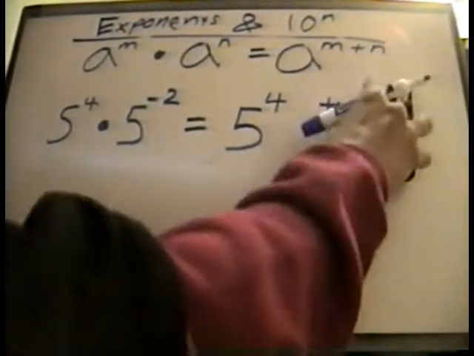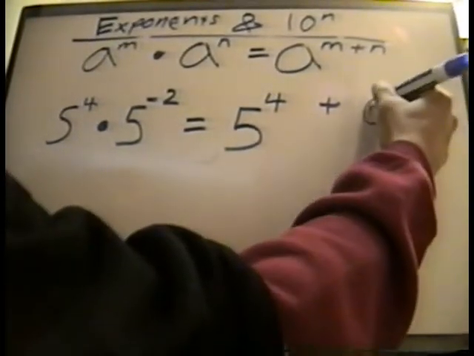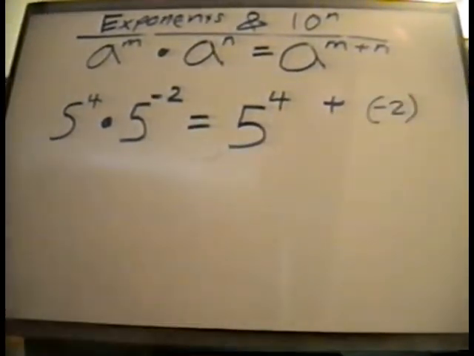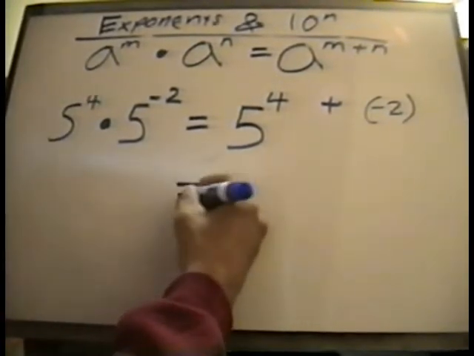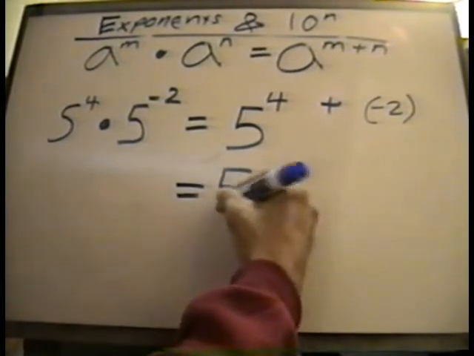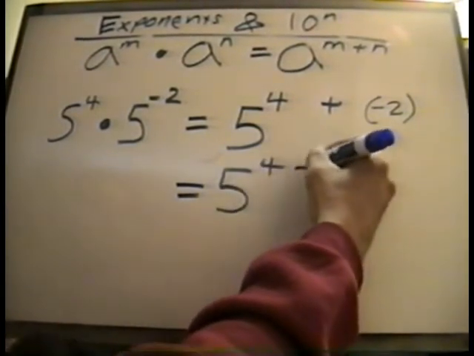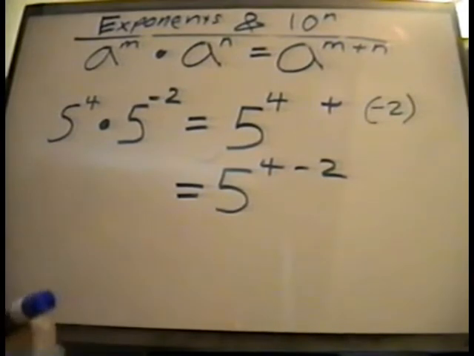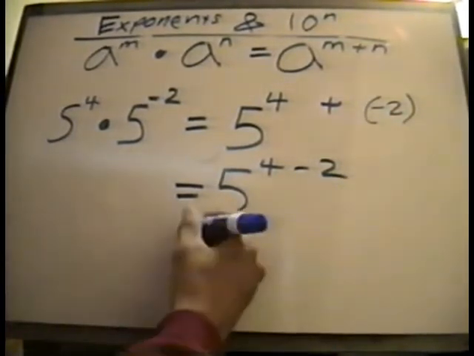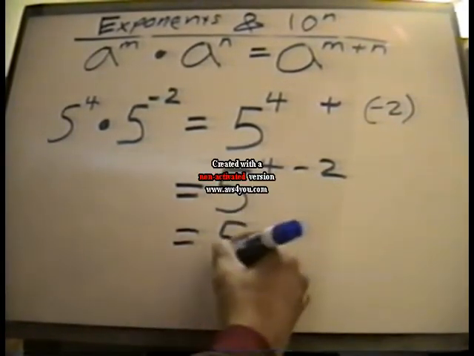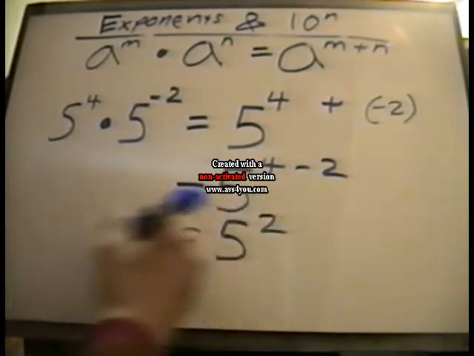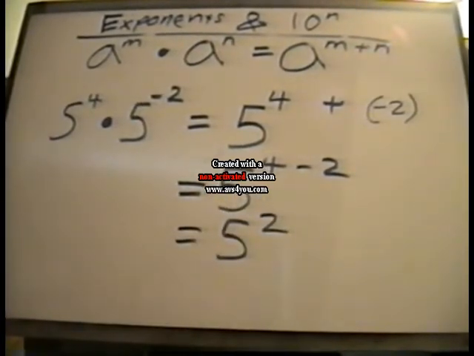So that becomes 5 to the power of 4 plus a negative 2, or 5 to the power of 4 minus 2. Gives us 5 squared, or 5 to the power of 2. You know, 5 to the power of 2 equals 25.